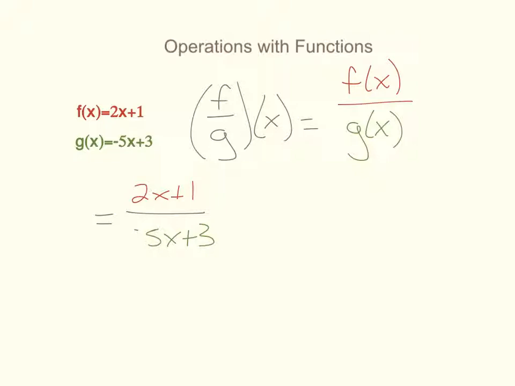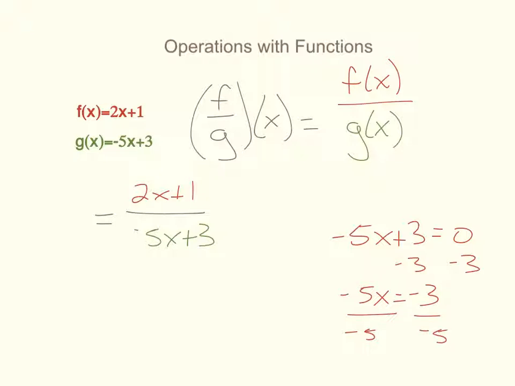In this case, there's just one value, and you can find it pretty simply if you take that denominator, set it equal to 0 and solve. You get x equaling 3/5, but that's what x cannot be for the domain. So the domain would be all reals except for 3/5.